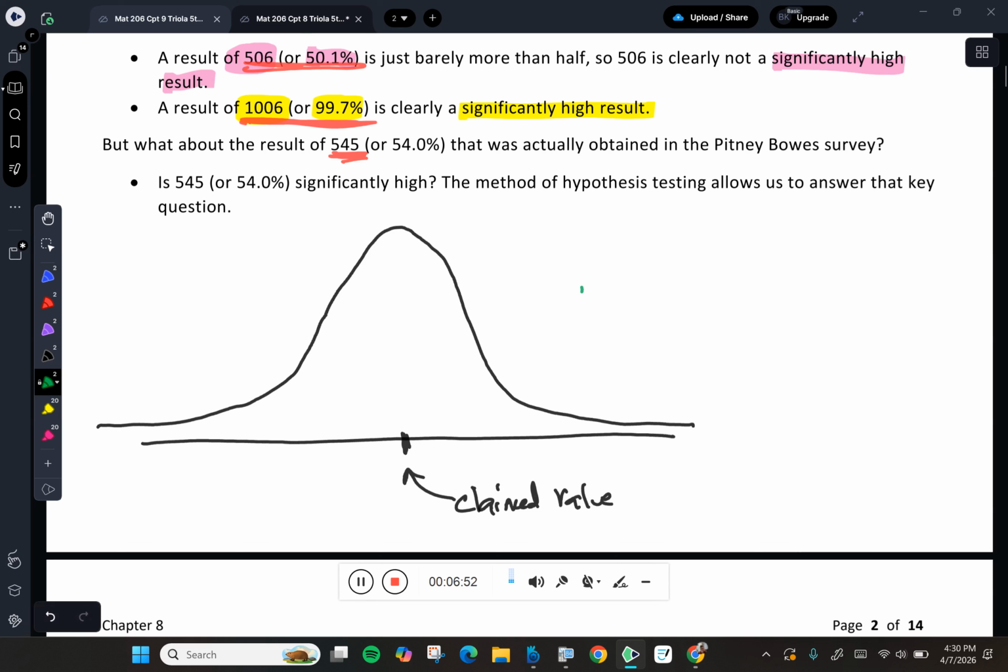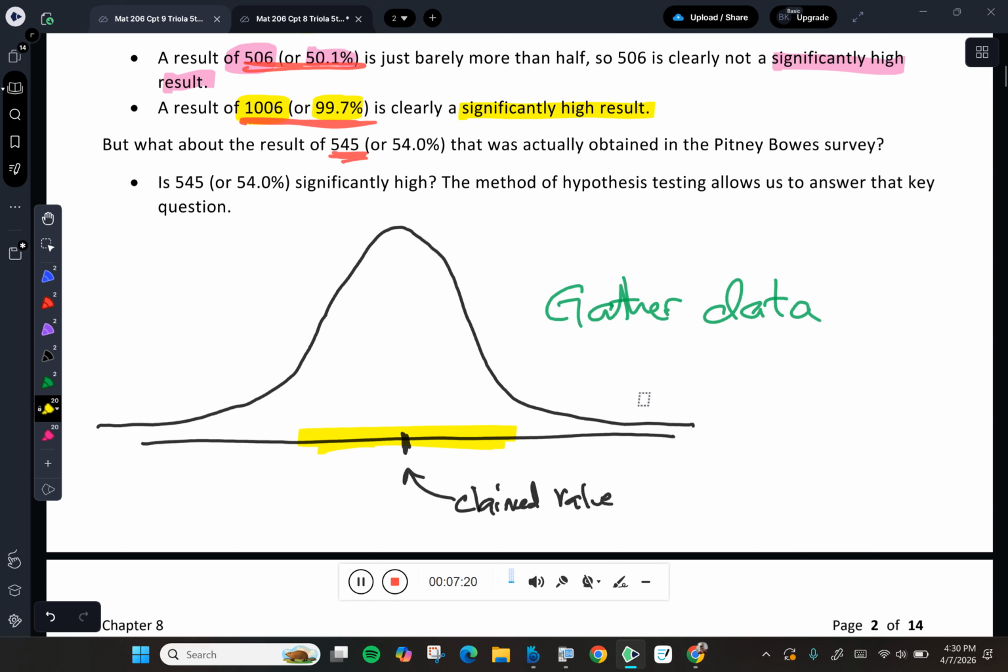And then we're going to go gather data. And then we're going to bring the data back, and we're going to map the data onto this graph right here. And if my data falls somewhere in here, close to the claimed value, we're going to say something along the lines of, yeah, it looks like the data supports the claim.